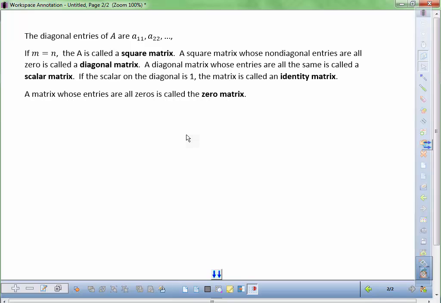And with square matrices, it turns out that's a nice kind of matrix to deal with. The diagonal of a matrix are those numbers that fall in the diagonal.